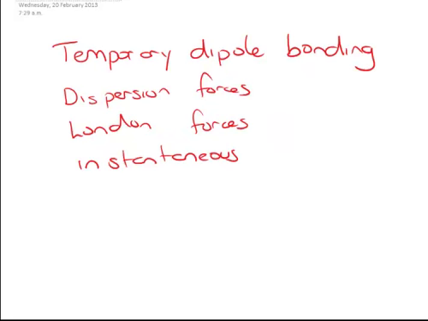Now the first type of bonding applies to absolutely all molecules. There are different words or terms that are often used to describe this. The one that I tend to use in class is temporary dipole bonding. However, dispersion forces is one that's commonly used, as is London forces, and instantaneous dipole bonding can be used to describe this.